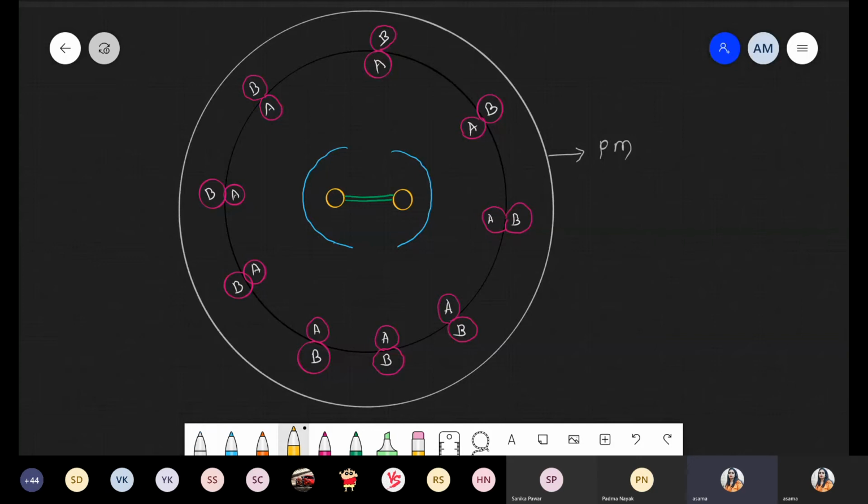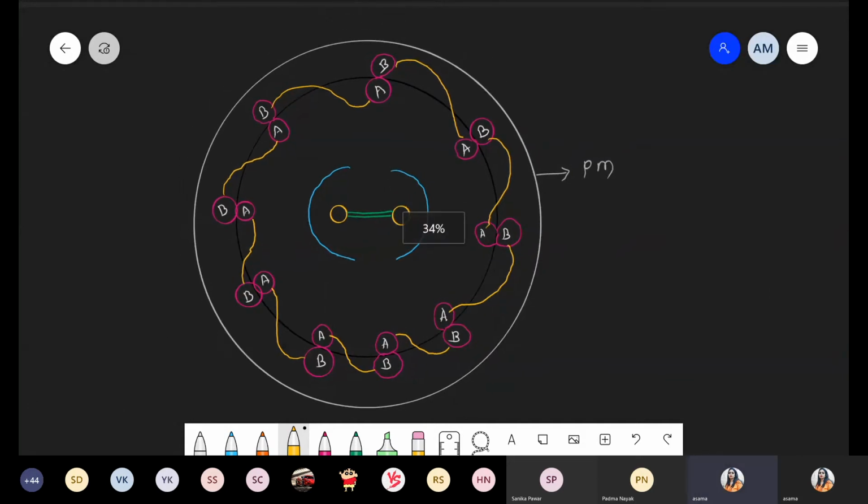B microtubule is attached to A. So simply we draw the connection, that is BA linker.